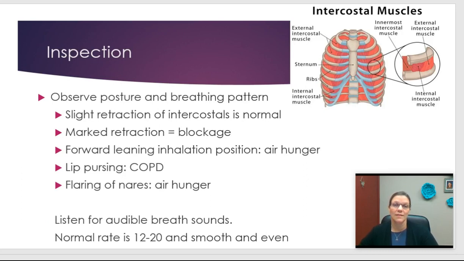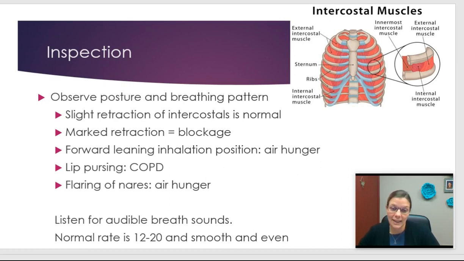For inspection, you're going to observe the patient's posture and breathing pattern. Intercostal muscles are the muscles that go in between each of the ribs, and a slight retraction or pulling in of the intercostals is normal, but a marked retraction would indicate blockage, that the muscles were having to pull really hard to not create much movement in the ribs.